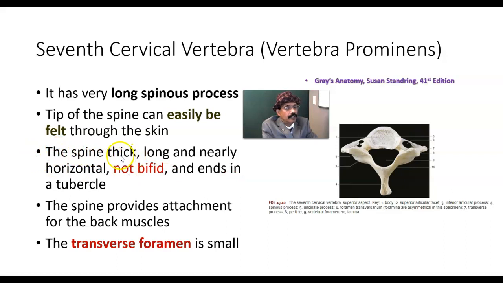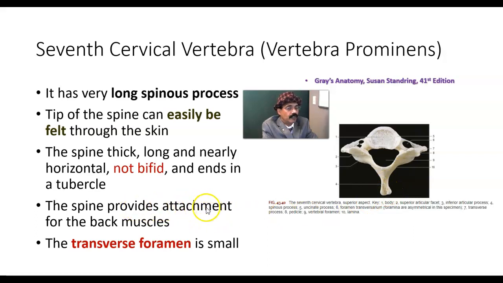The spine is thick, long, and nearly horizontal, but it is not bifid and ends in a tubercle.